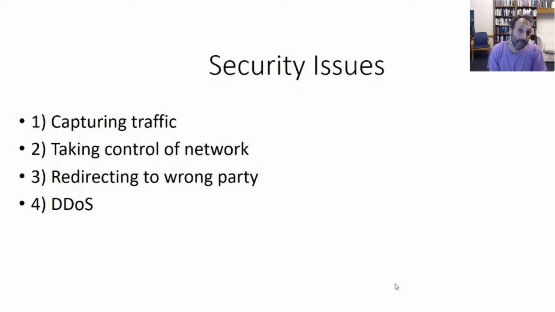They can redirect messages to the wrong parties. And of course, they can deny service or engage in a distributed denial of service attack, which is what we will do today. Okay, so I'm going to turn this over to Sean, who's going to show us how all this works in practice.